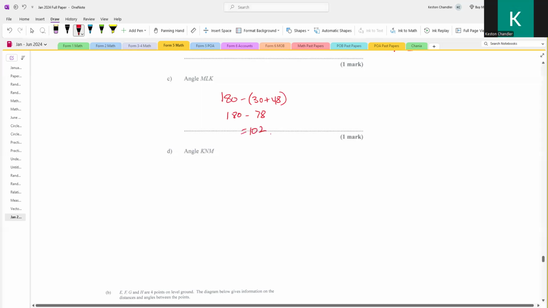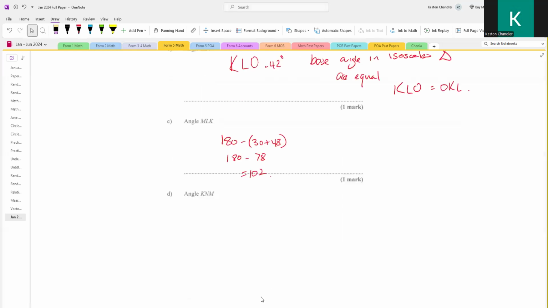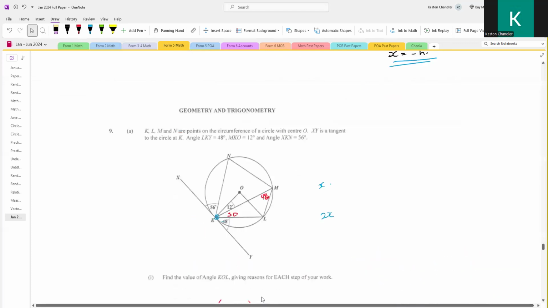And last one, angle KNM. This one here. Right, so we have an angle on the tangent and on the opposite side.